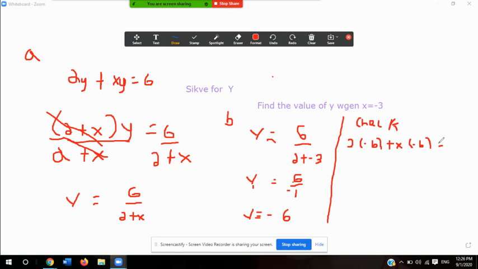So I'm going to find the value of x, and then when I have the value of x, I can just plug in everything. So this is going to be -12, because 2 times -6 is -12.